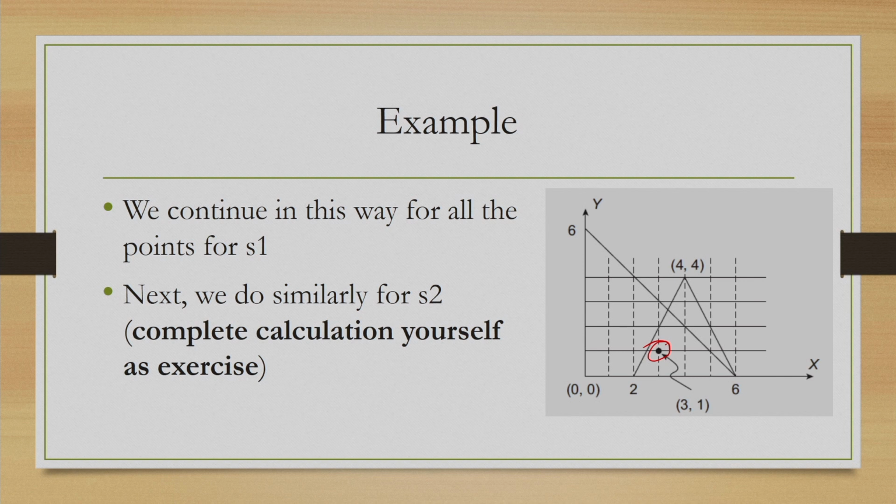Once the processing completes for S1 for all the projected points, we go to S2 and we perform similar iterative steps, and then we find out the color at that particular point for S2, then perform comparison and assign the color.